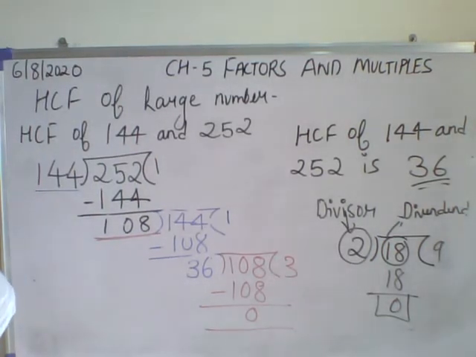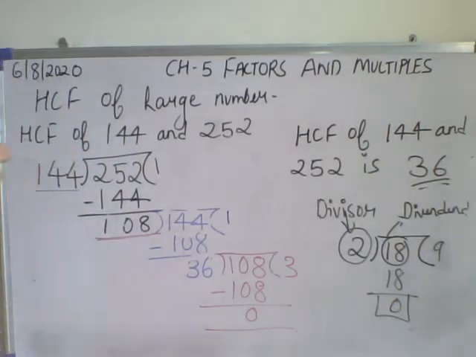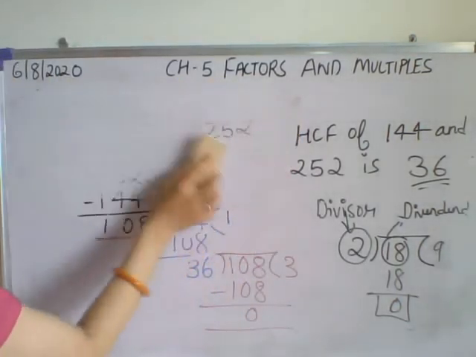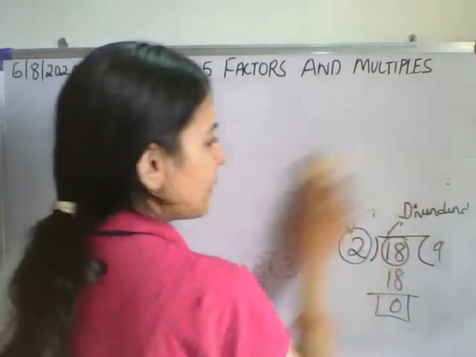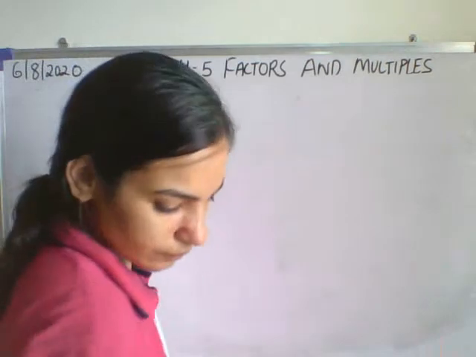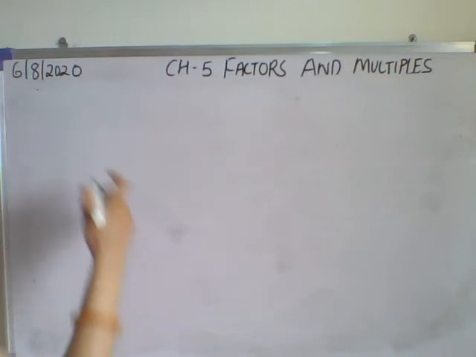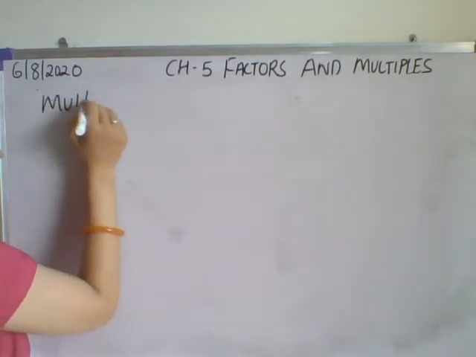Next we will be doing the LCM. So before starting the LCM, you must know the multiples. What are multiples? A multiple of a whole number is a product of the number and any counting number. Let us take an example.